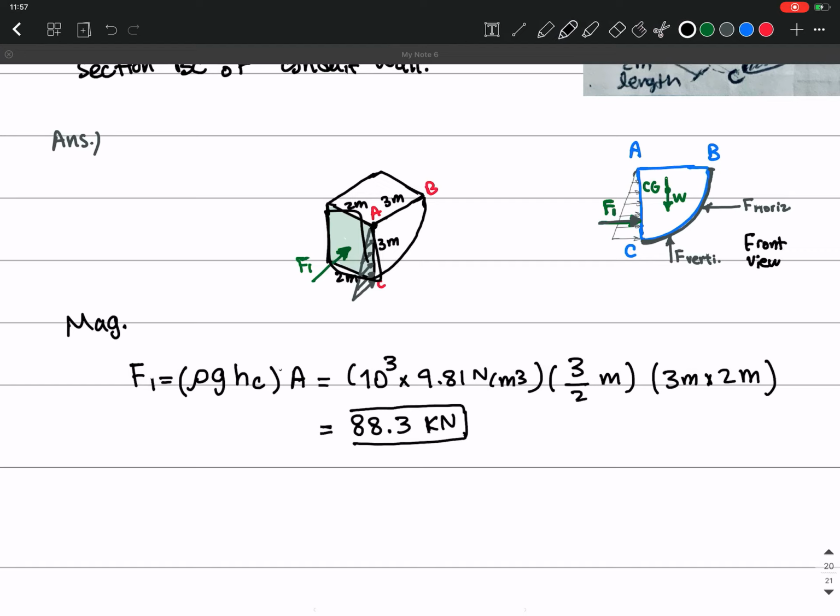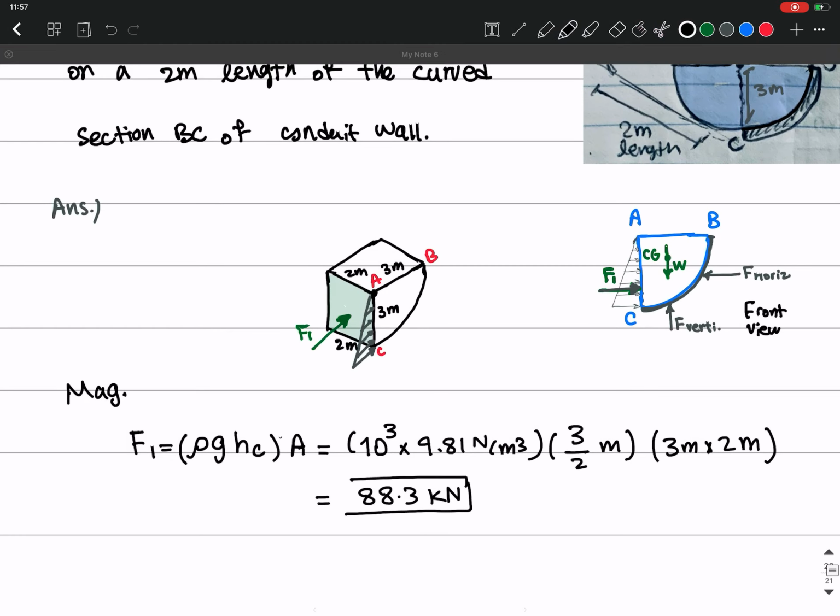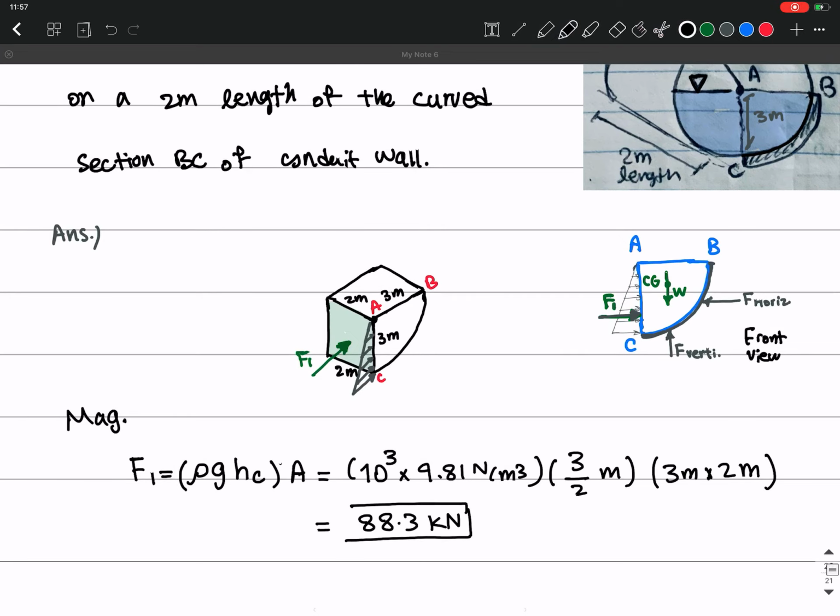So 88.3 kilonewton. Let me explain. The hc for this problem is going to be 3 meters over 2.